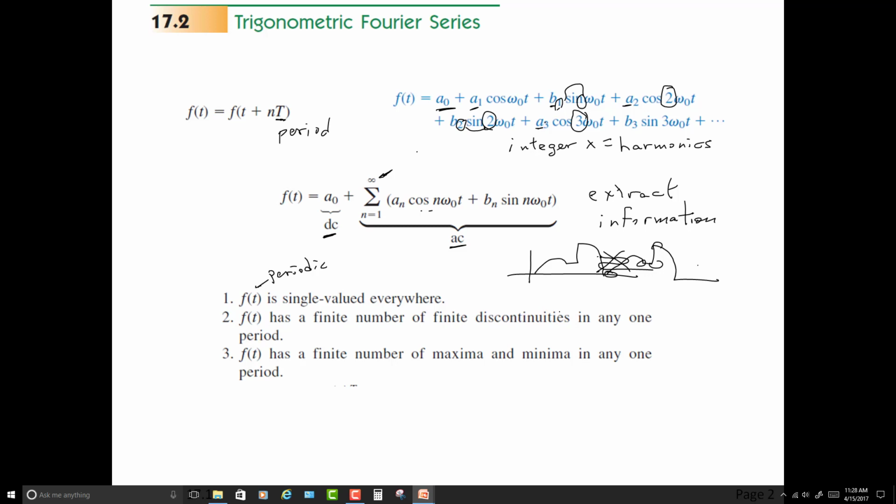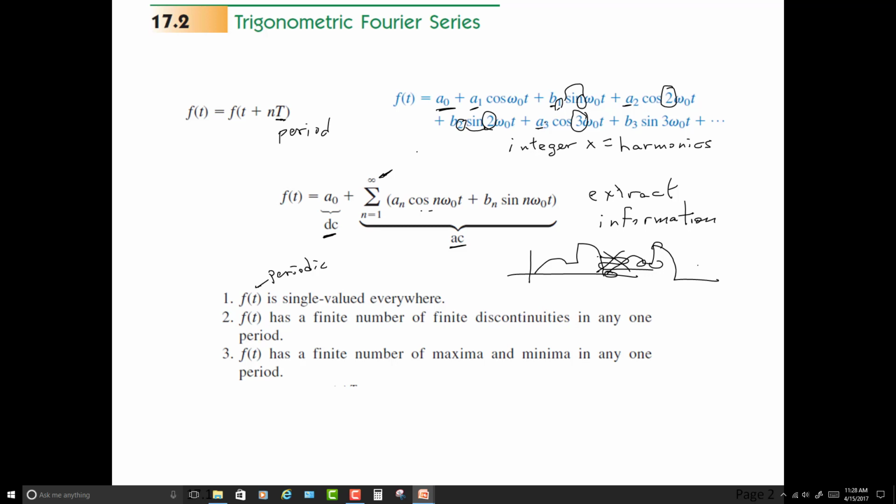If you have a graph or an oscilloscope pattern or a mathematical function that comes out of a PSpice or a MATLAB simulation or any of those mathematical tools, if you can't identify finite numbers of maxima and minima, finite numbers of discontinuities, you're not going to be able to get convergence in the Fourier series, and hence you won't get the series.